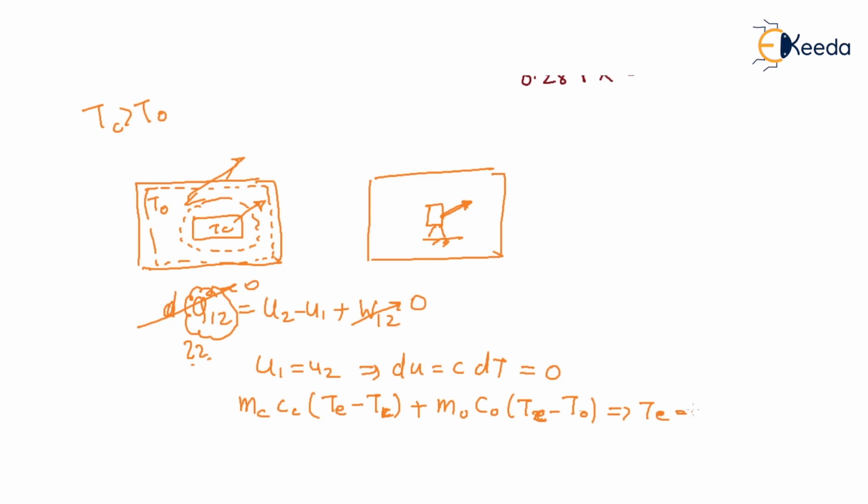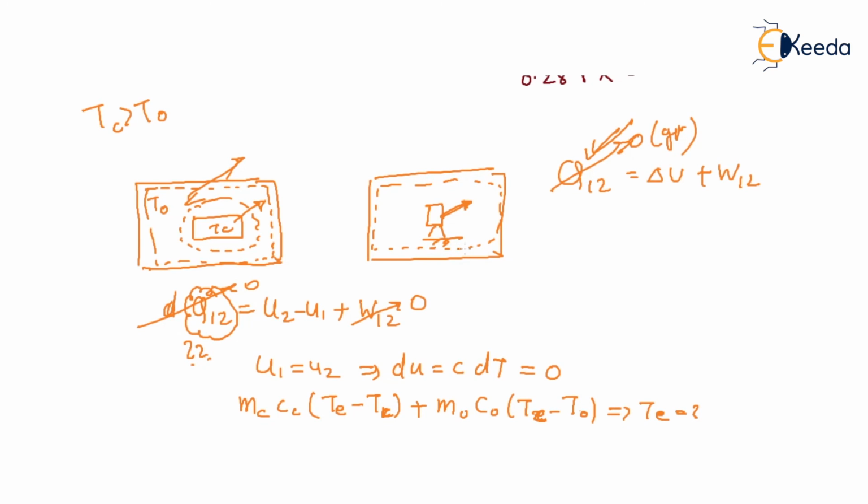So for that we can find the equilibrium temperature T, but in this case there is a heat dissipation. So if this is our system, and you apply Q1 to 2 equals delta U plus W1 to 2, in this case this will be 0. But this is given, so don't think about that; this is your system.